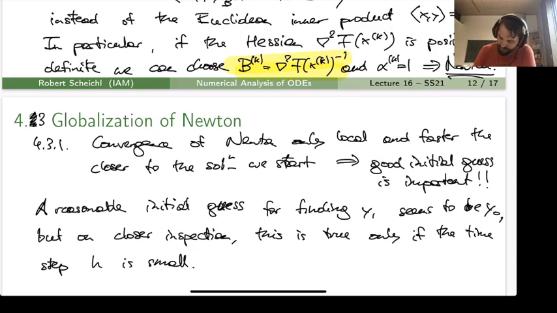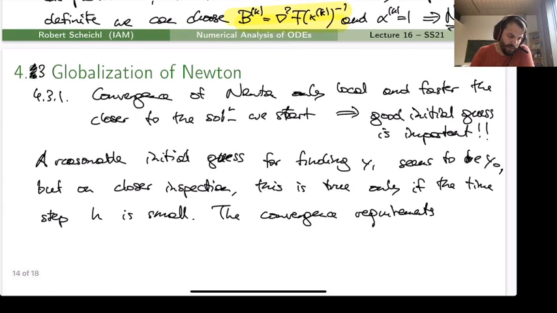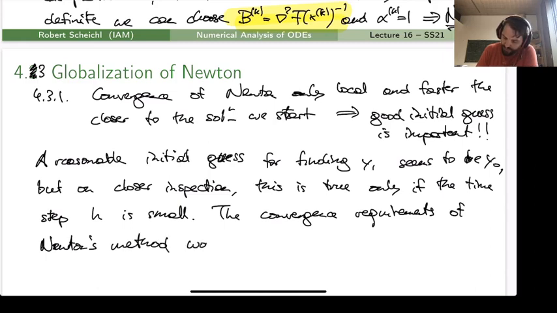Now, the convergence requirements of Newton's method would then just impose new time step restrictions.